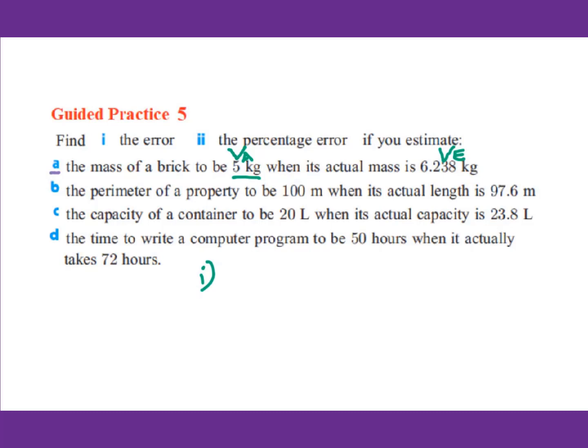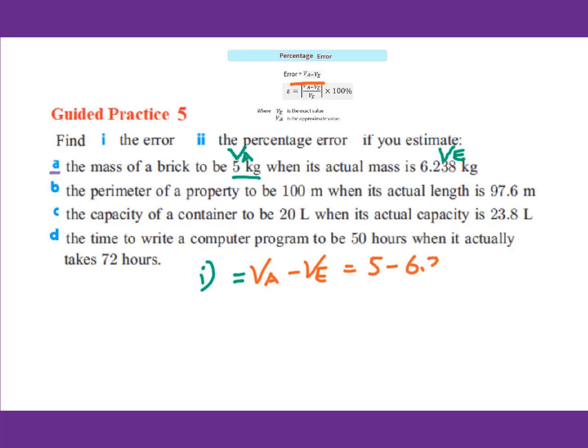Since the error equals approximate value minus exact value, we have VA minus VE. That is 5 minus 6.238. It will be negative 1.238.